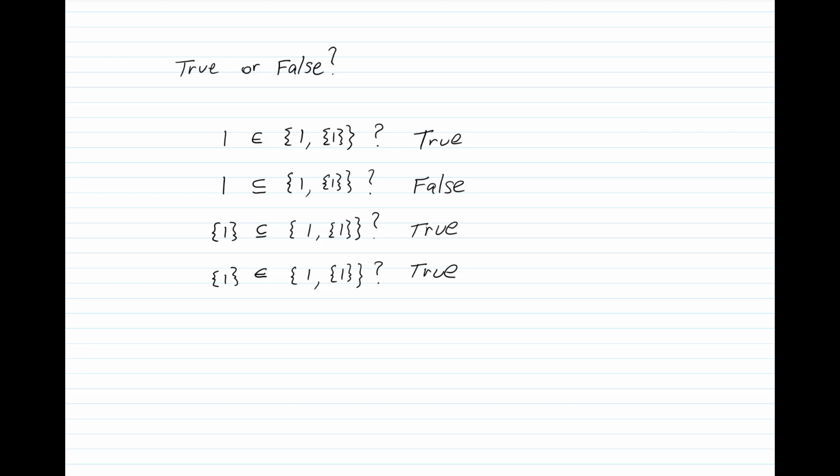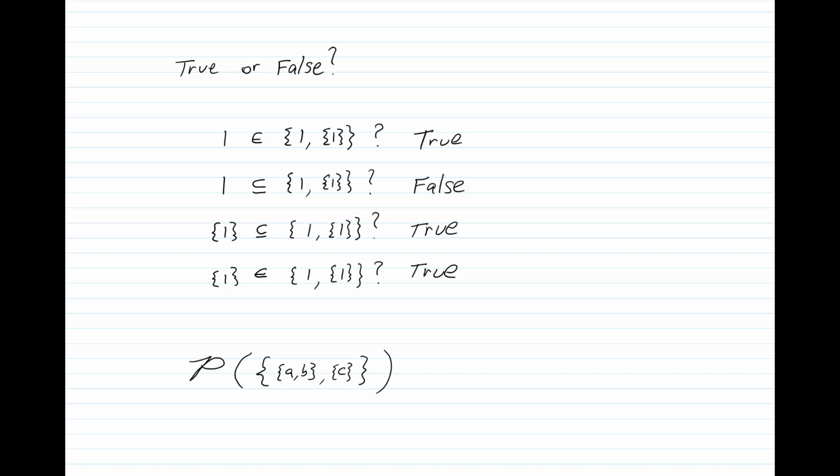Okay, let me have you write out the power set of something just to make sure you can do that. So let's write the power set of the set consisting of this set and this one.